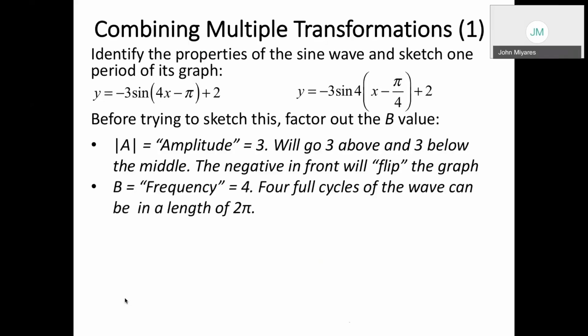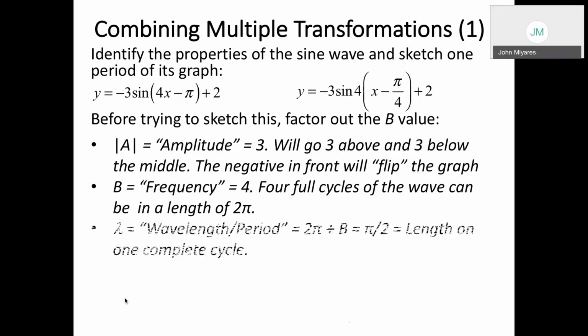The frequency value, B, will be 4, meaning we can fit 4 full cycles in a span of 2 pi along the horizontal axis. Knowing that a normal cycle has a length of 2 pi, to have a frequency of 4 means that our wavelength lambda will be 2 pi divided by 4, or reduced to pi over 2.